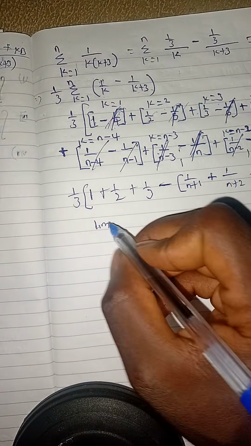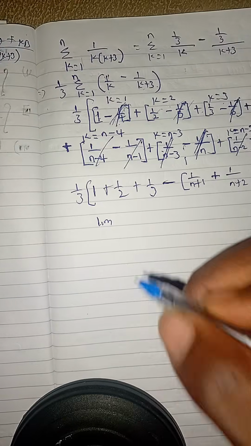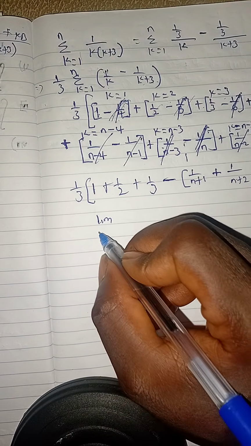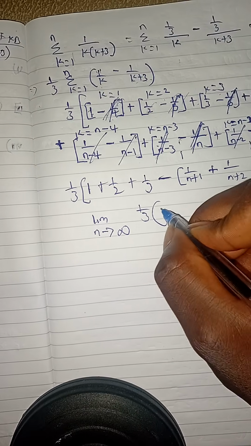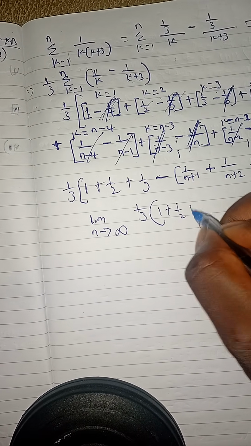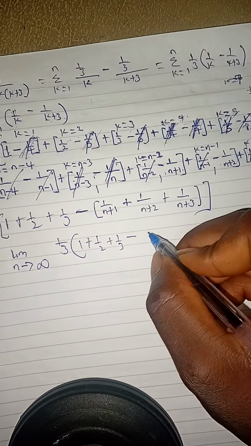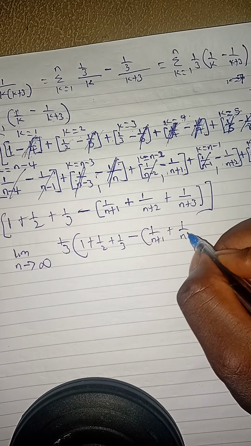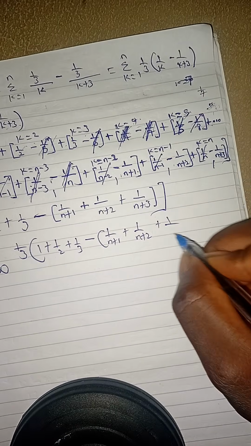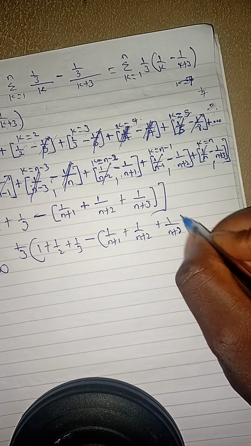There are questions in 101 under telescopic series that will tell you to find it when n tends to infinity. The limit of 1 over 3 into 1 plus 1 over 2 plus 1 over 3 minus 1 over n plus 1 plus 1 over n plus 2 plus 1 over n plus 3.